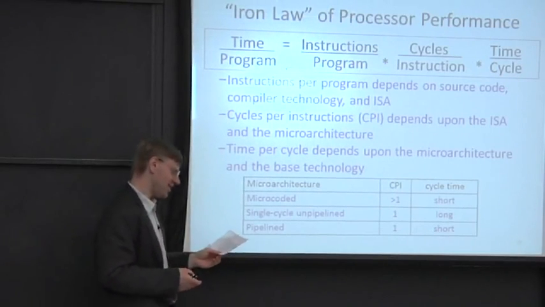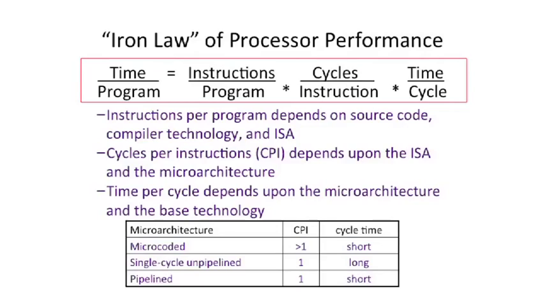The next thing is cycles per instruction. Well, this is actually dependent on your microarchitecture. As we talked about, and we'll talk about a little bit more in a second, if you have a pipelined processor, you might take 5 cycles to complete a full instruction. But something like the microcoded processor we already talked about might take 10 cycles to execute a given instruction.